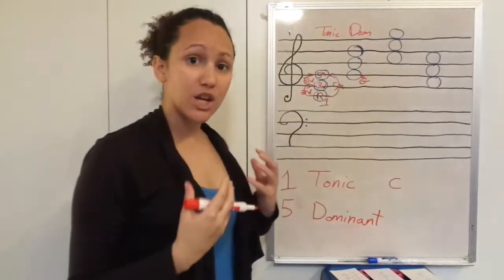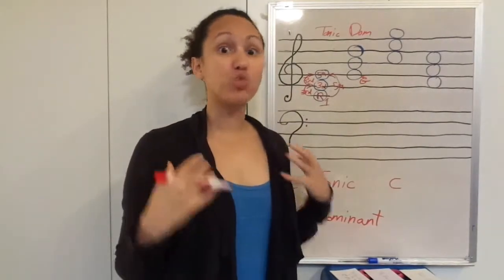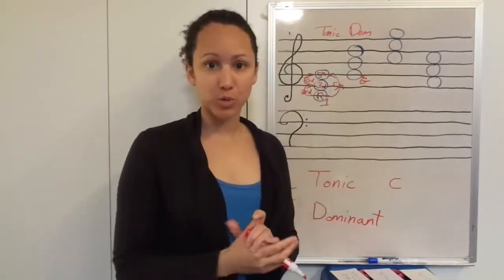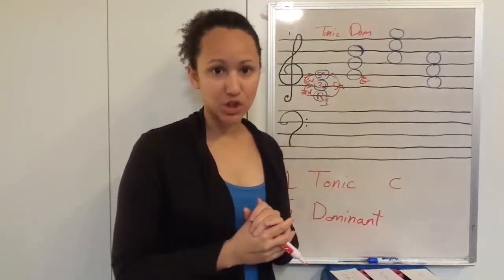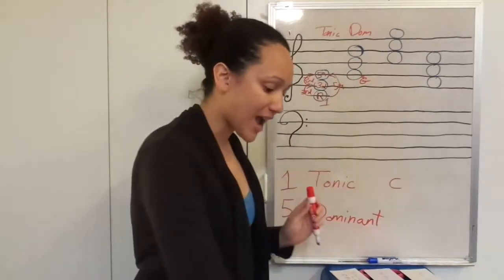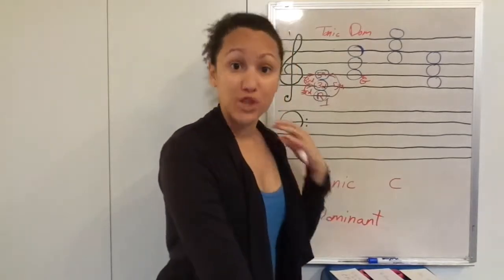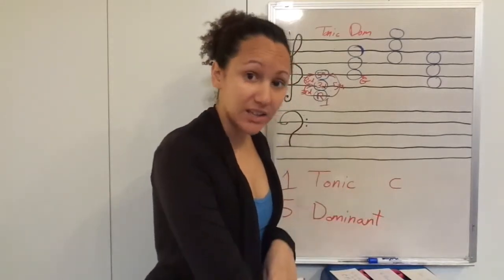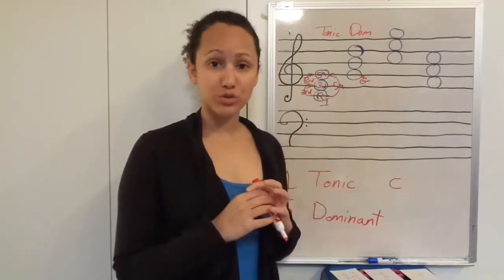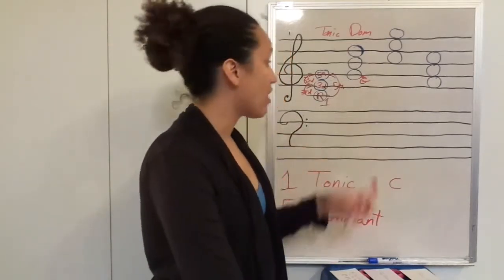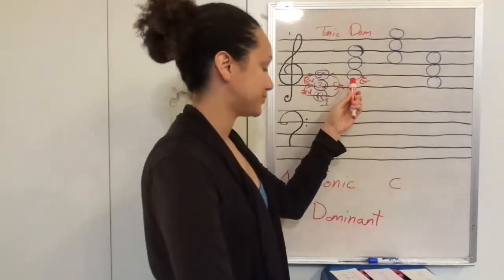Now, dominant just means the strongest one, or the most powerful one. The dominant does tend to dominate the piece. Oftentimes, the piece will start out with the tonic sound, and it will end with the tonic. However, most of the chords throughout the piece might very well be the dominant.